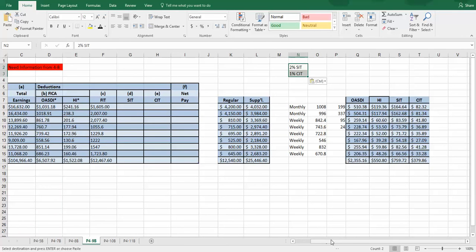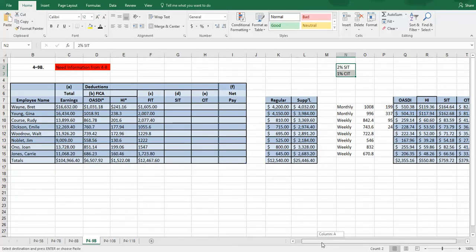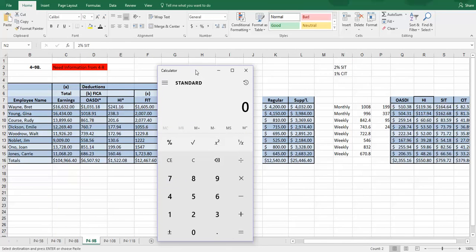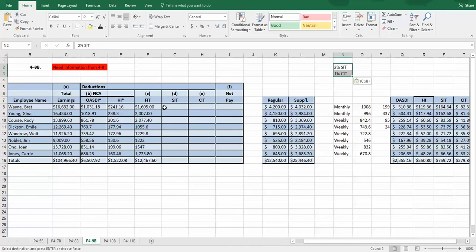Okay, so to calculate our state income tax, we're going to take the $4,200 times the 2%, multiply that by 2 since there's 2 paychecks. Then we're going to add that to the $164.64 we've already calculated. So that's $332.64.